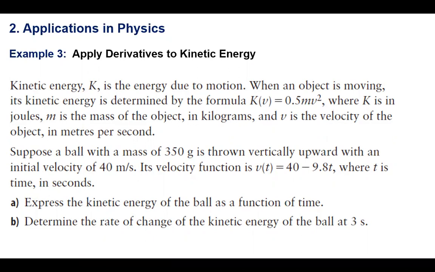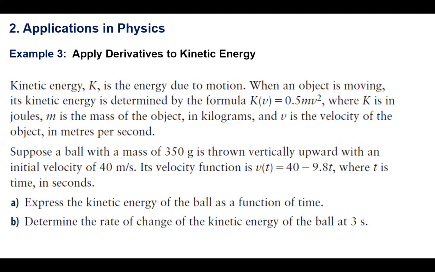When an object is moving, its kinetic energy is determined by the formula K equals 0.5 mv squared, where K is in joules, m is the mass of the object in kilograms, and v is the velocity of the object in meters per second. So suppose we have a ball with a mass of 350 grams, thrown vertically upward with an initial velocity of 40 meters per second.